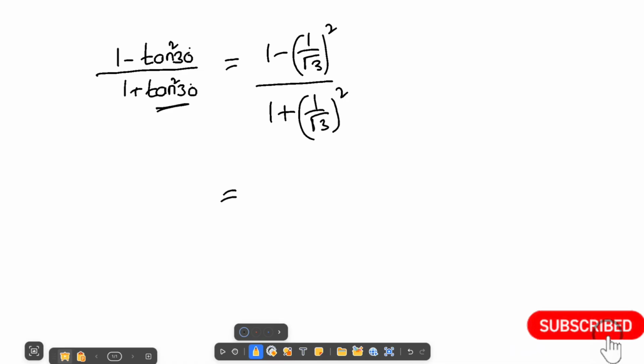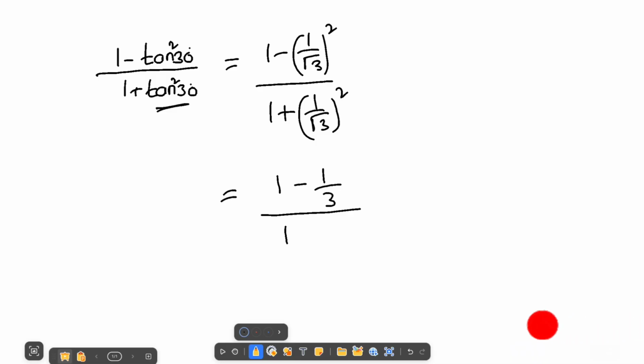So now it is equal to 1 minus 1 square is 1, root 3 whole square is 3. So minus 1 by 3. Now 1 plus 1 square, here 1 square is 1 and root 3 whole square is 3. So 1 minus 1 by 3 whole by 1 plus 1 by 3.